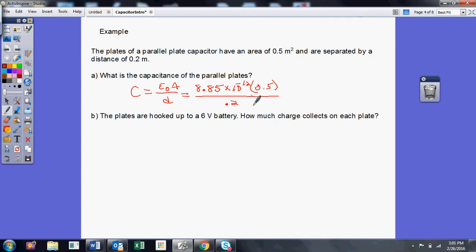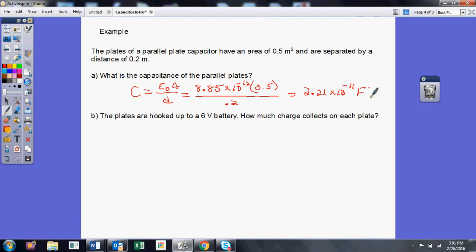The separation in capacitors is usually much, much smaller, and the area is usually much, much smaller as well. The answer you get is 2.21 times 10 to the negative 11th farads. So you can see that's a pretty small number. A 1 farad capacitor would need an enormous area and a very small separation.